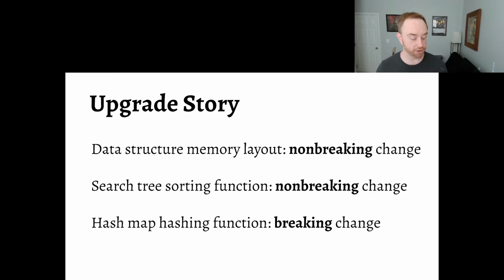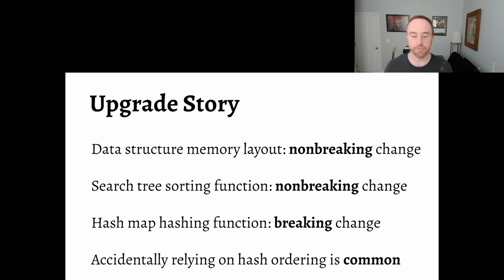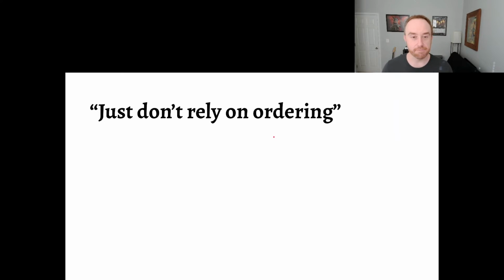Maybe it runs faster now, but if you were accidentally relying on traversal order, that's potentially going to break. Your code might just have bugs in it as a result of changing your hashing function. This definitely happens all the time in the real world, and unfortunately, accidentally relying on hashing order is pretty common.